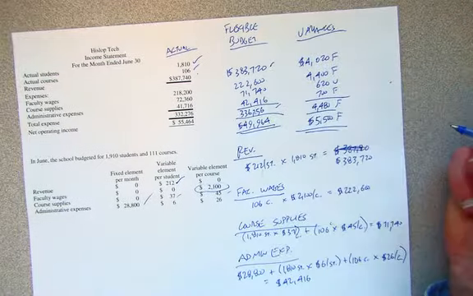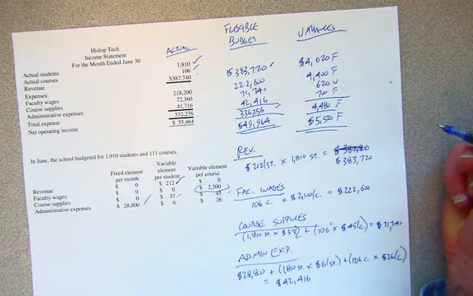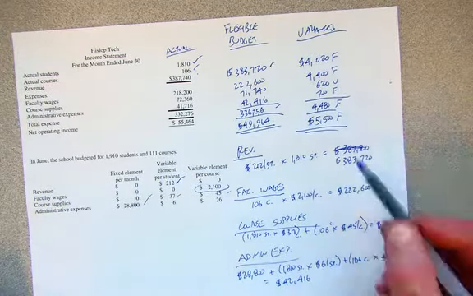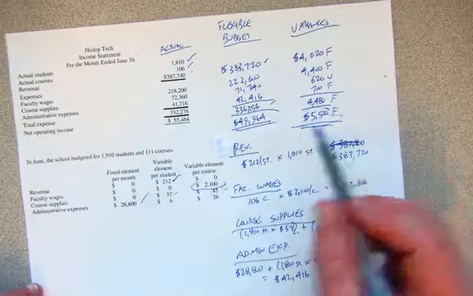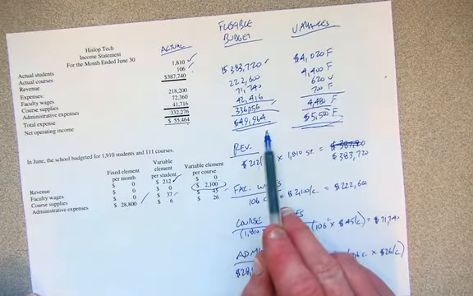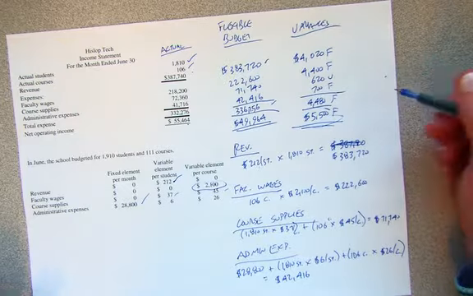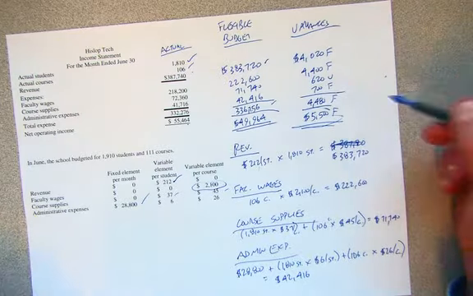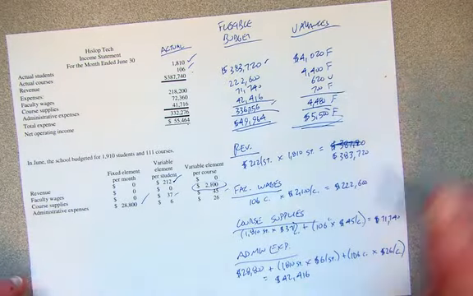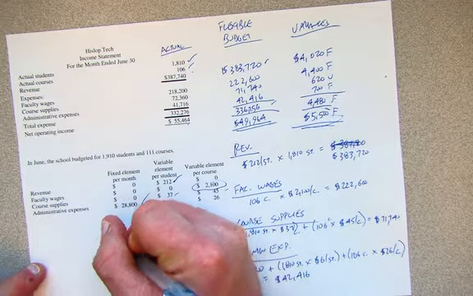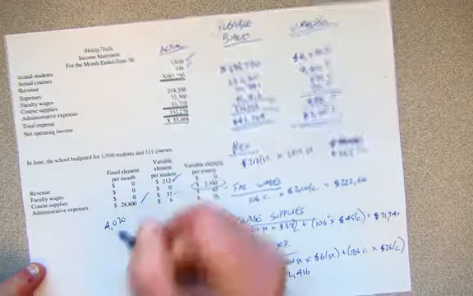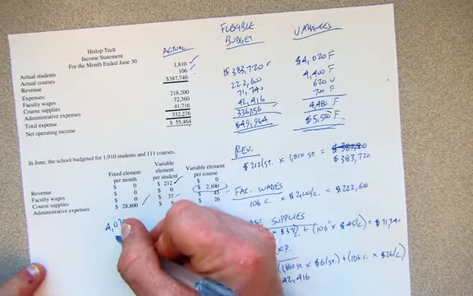Last thing I like to do is just double check everything here, because we calculated this variance right here looking at actual income versus flexible budget income. But the last thing we can do is double check things by doing this. Revenue was $4,020 favorable, so that's positive.